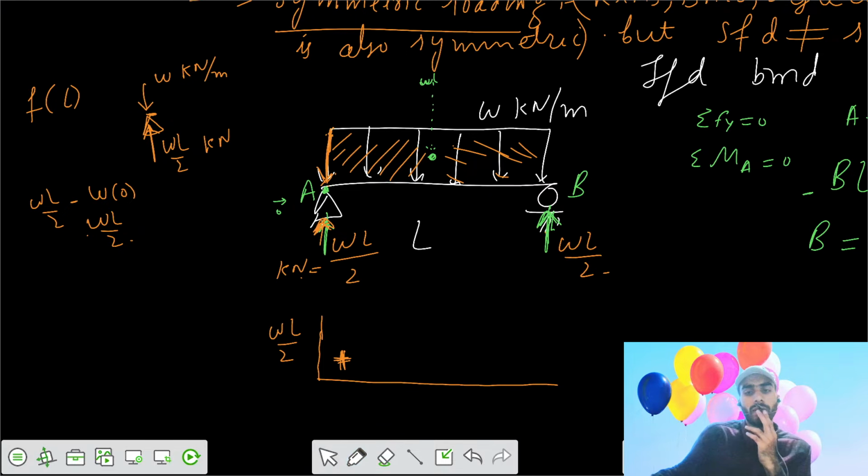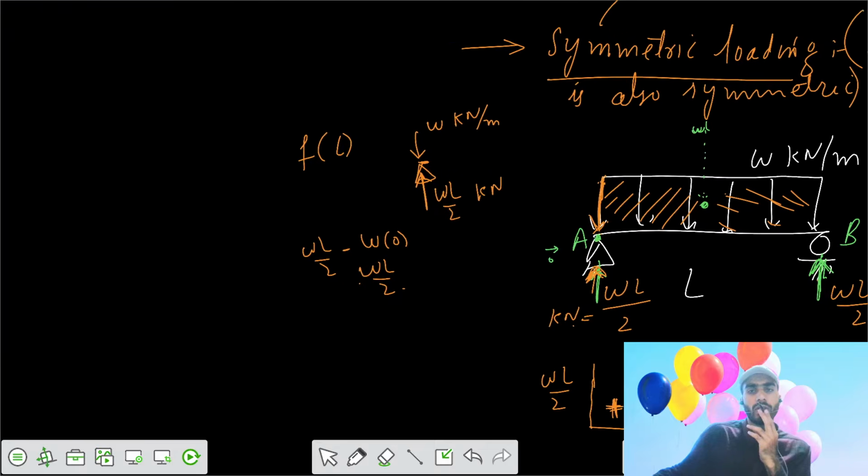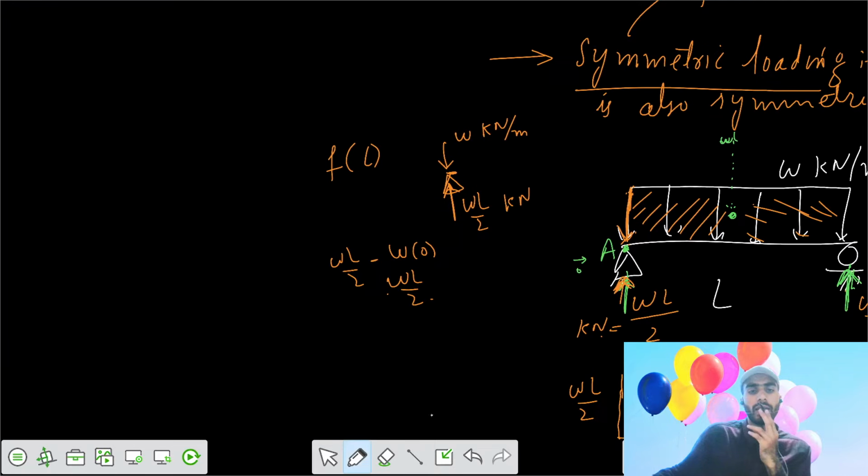If you want to make the equation through the analytical approach, we know the reaction at A equals WL by 2. Let's take any section.